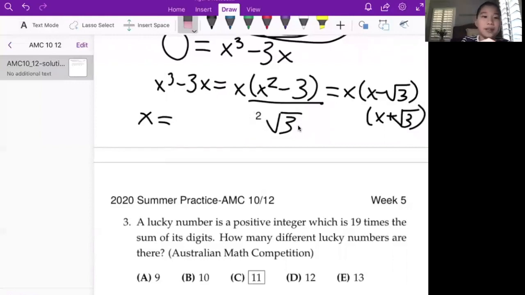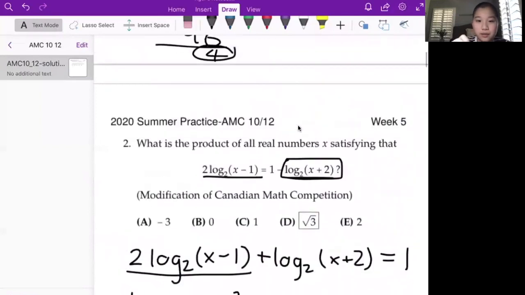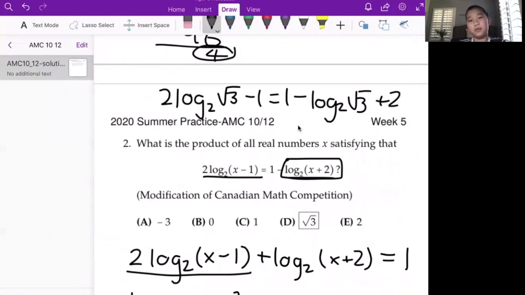And then the only other one is root 3. So let's see if it works. 2 log base 2 of root 3 minus 1 equals 1 minus log base 2 of root 3 plus 2. So there doesn't seem to be any negatives here in the logs.